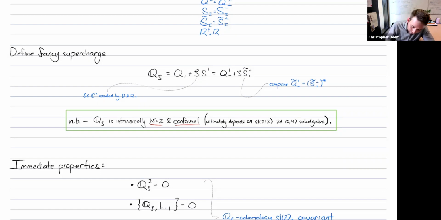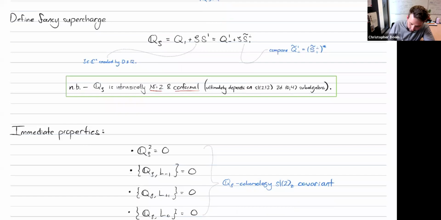It won't play an important role, but I'm somehow attached to it. We can observe that this choice of supercharge is intrinsically an n=2 supercharge, and it's intrinsically a conformal supercharge because it involves S's, which is the hallmark of having a conformal field theory. And it doesn't live in an n=1 subalgebra of the full n=2 algebra.